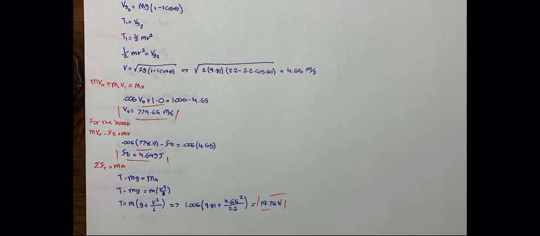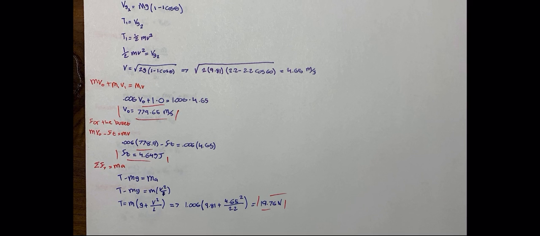We know that MVO plus MV1 is equal to MV. So we can plug in our knowns there and get that the initial velocity is 779.65 meters per second.